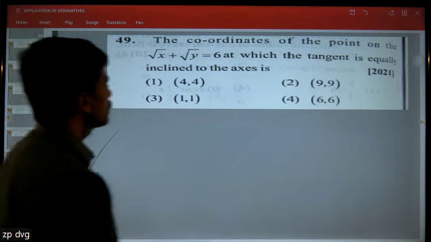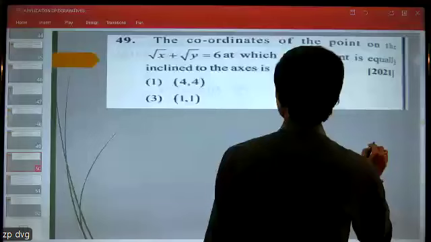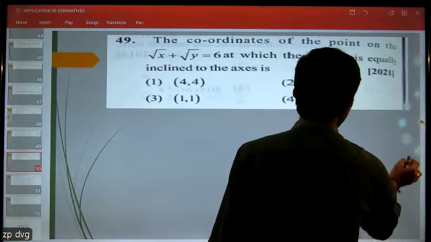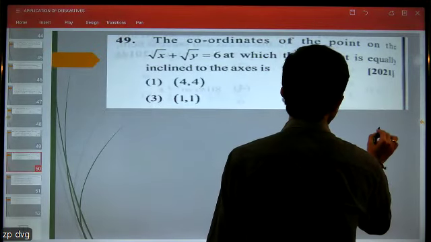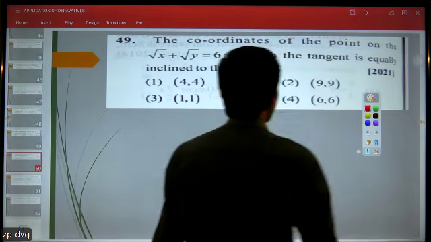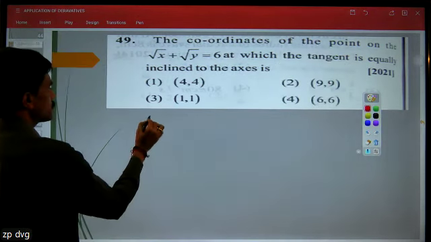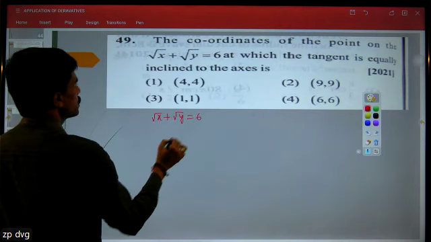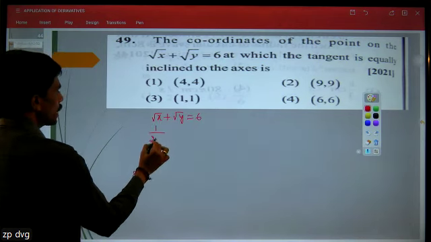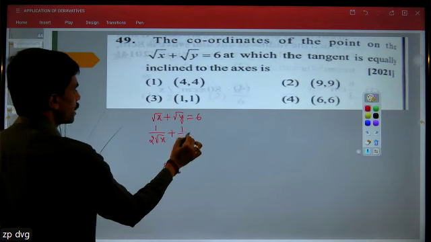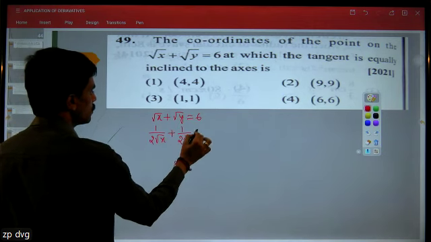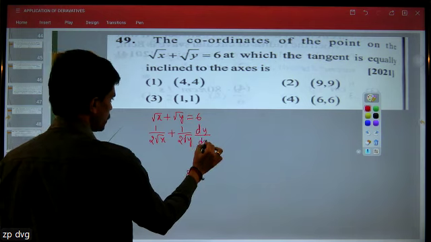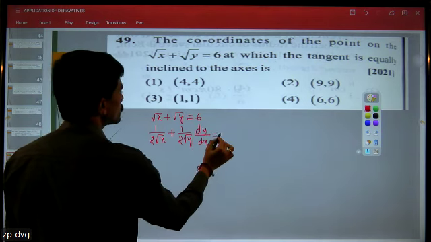We have to take the given curve root x plus root y equal to 6. If we differentiate it with respect to x, we get 1 by 2 root x plus 1 by 2 root y into dy by dx equal to 0.